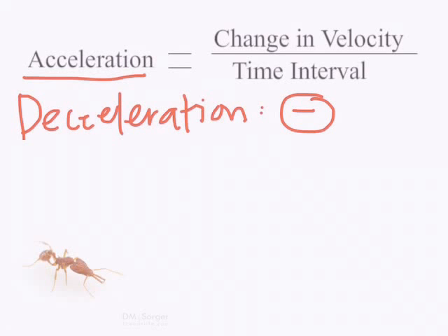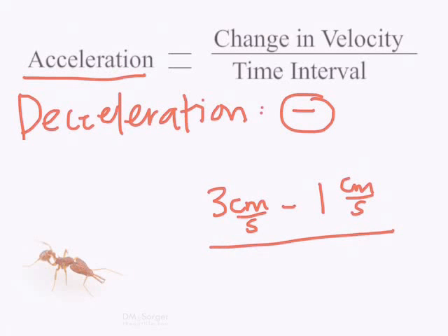So as an example, let's say that this ant was originally moving 3 centimeters per second, but now it's only moving 1 centimeter per second because it got tired, and it slowed down in a time of 2 seconds.